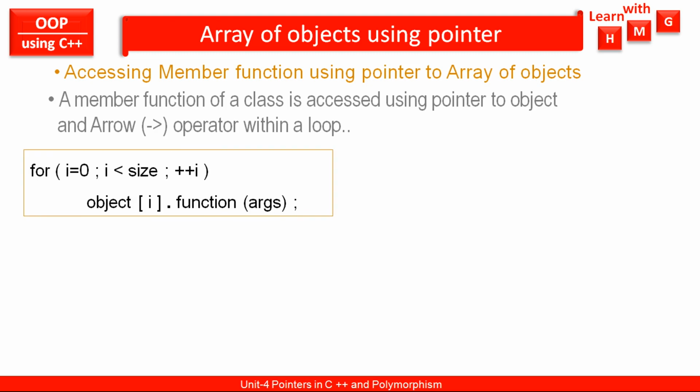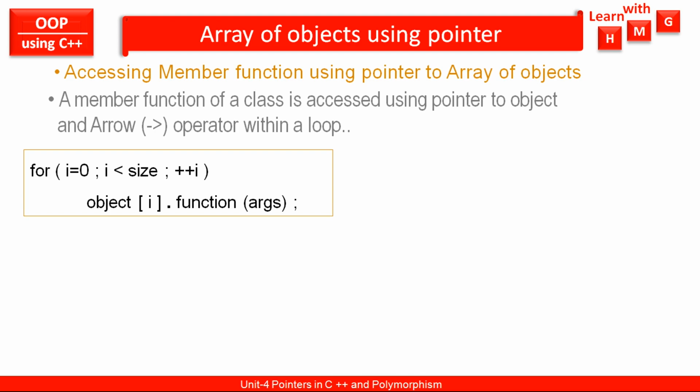In the conventional method, that is normal array of objects, the syntax is like this: within a loop, we set a loop for n iterations if the size of array is n, so the loop will be i equal to 0, i less than size, ++i, and within this loop I have to call the function using object of i dot operator.